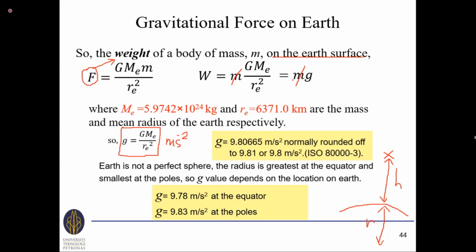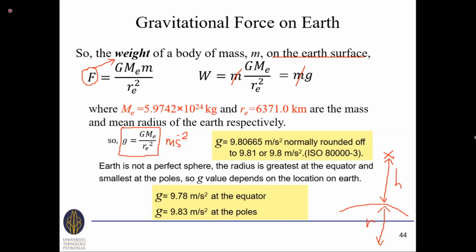On the surface of the Earth, we take gravity as 9.81. This is because, if this is the Earth, R is from the surface towards the core of the Earth. But let's say you are at a certain height from the Earth, like Everest, which is quite high, or satellites, which are at a certain distance from the Earth, and the Moon also orbits the Earth at a certain distance.